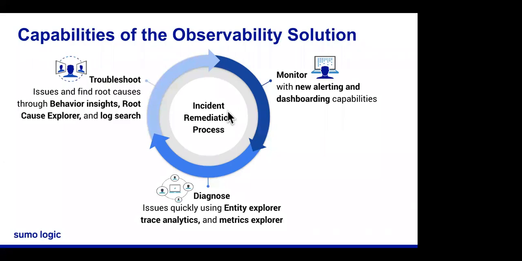And then ultimately, to troubleshoot, we're going to use things like Root Cause Explorer and log searches to find out exactly why things have gone wrong and be able to troubleshoot and resolve them. So in this course, the next hour and 45 minutes, we are going to talk in more detail about all of these new tools.